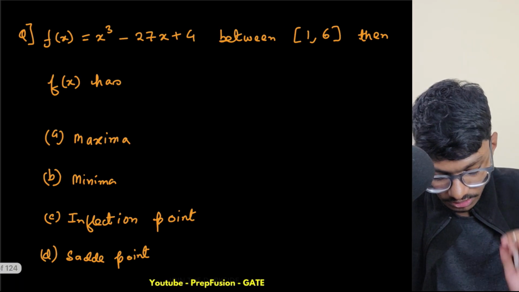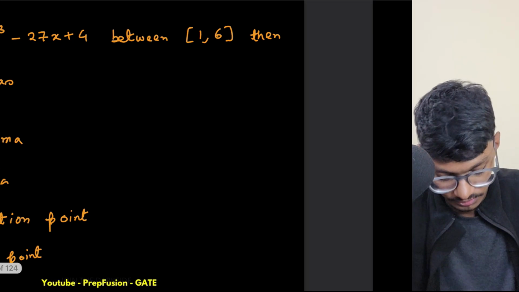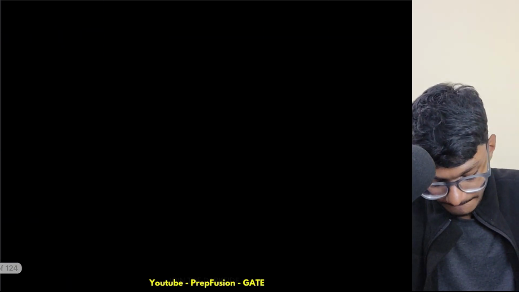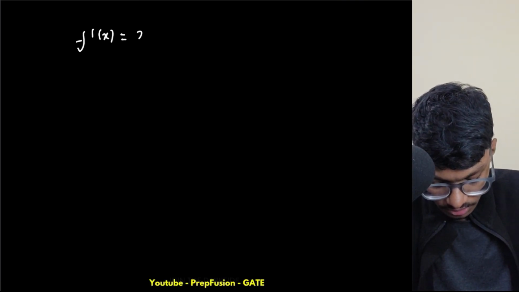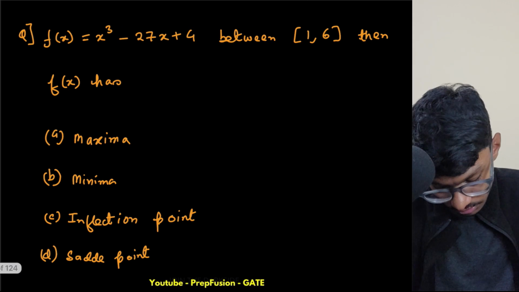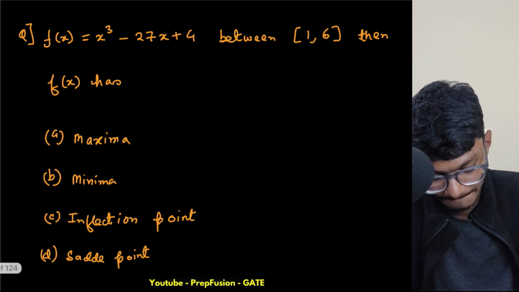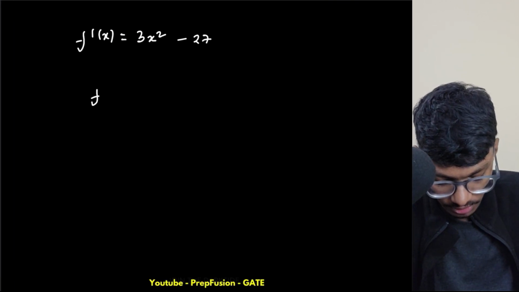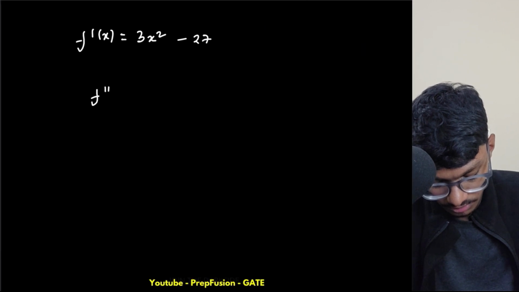Let's take the differentiation of this one. f dash of x equals 3x square minus 27. Now let's check the double differentiation. It is 6x.